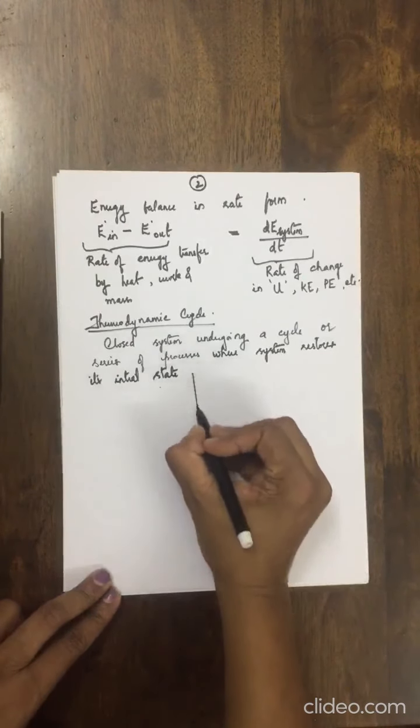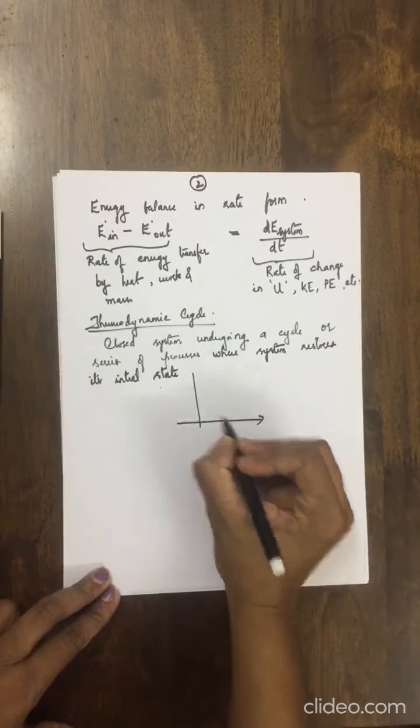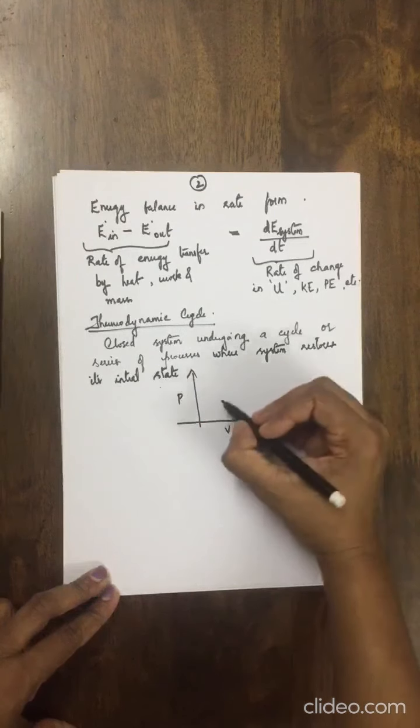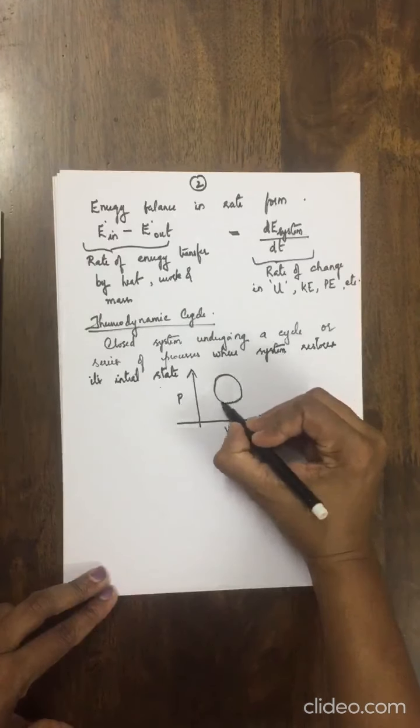So we can represent it on a PV plot, a pressure versus volume diagram. Okay, a closed cycle.